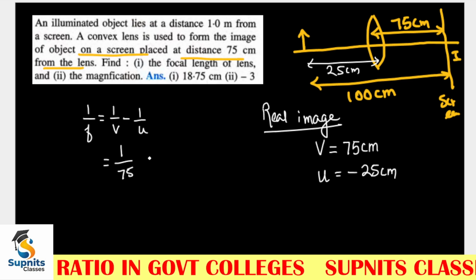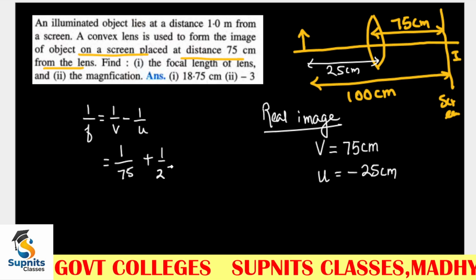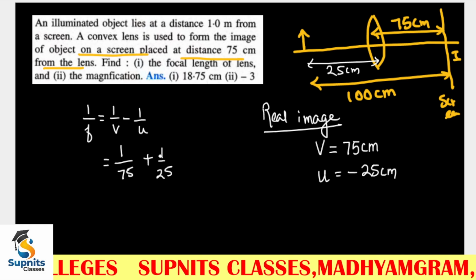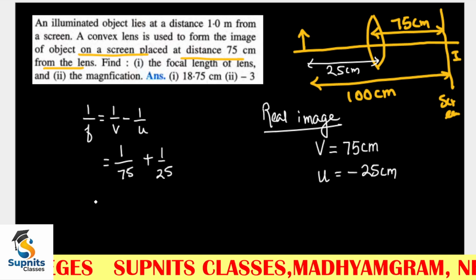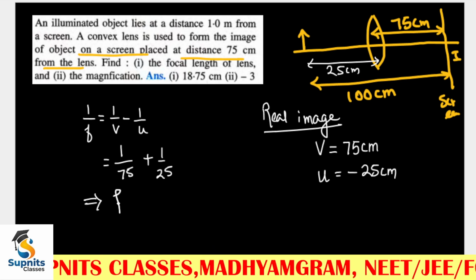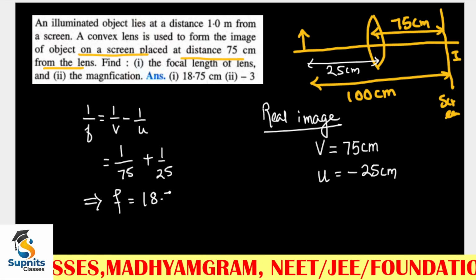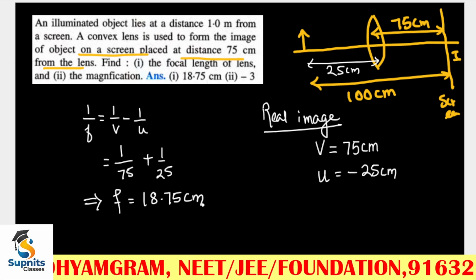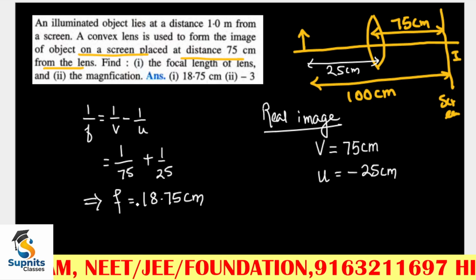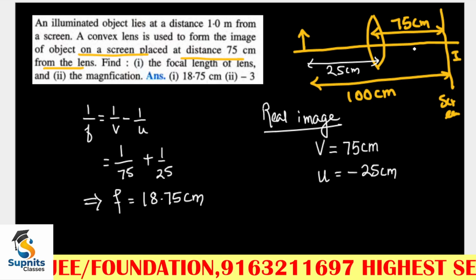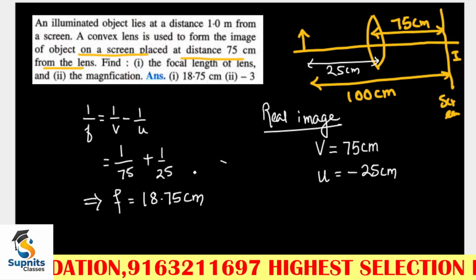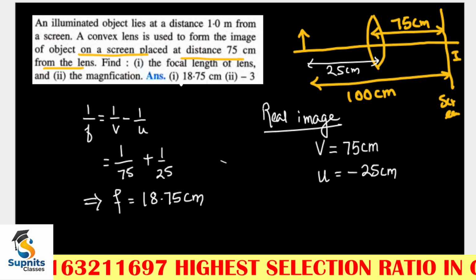Here minus minus will be plus 1 by 25. So please calculate and find out. So from here the focal length is coming 18.75 centimeter. Everybody should get this, and this is coming positive because it's a convex lens. The focal length will be positive, focal length will not be negative, correct. So focal length is done.